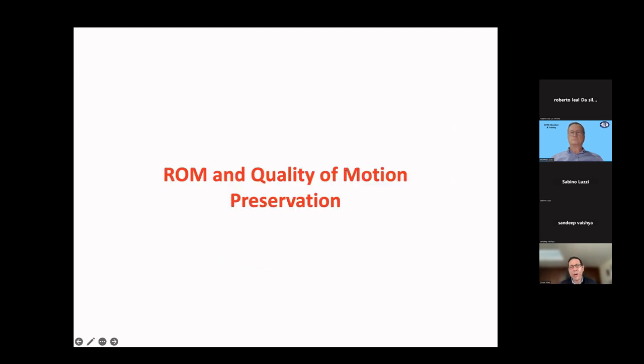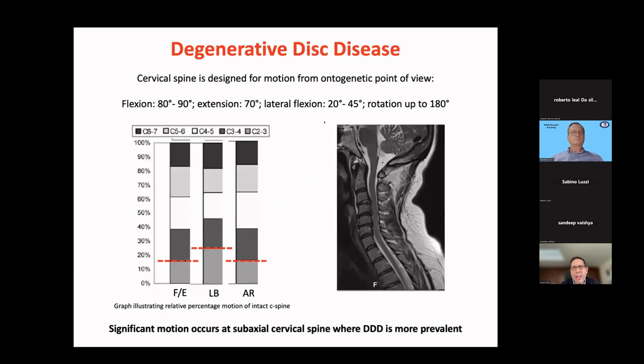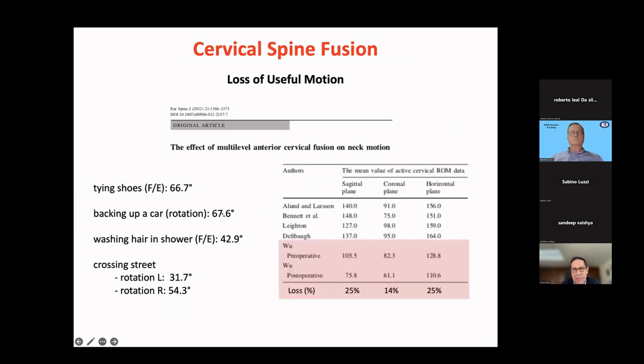It's important to adhere to cervical arthroplasty because you can preserve range of motion and quality of motion. In degenerative disc disease, significant motion occurs in the subaxial spine, where disc disease is more prevalent. For your daily life, you need quite a lot of motion in your neck: tying the shoes, backing up a car, washing hair in the shower, crossing the street.